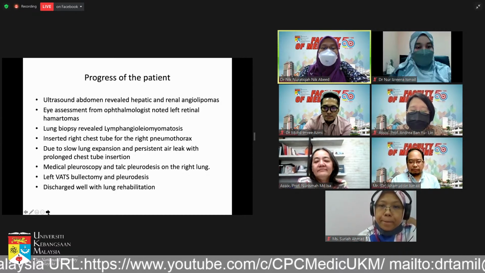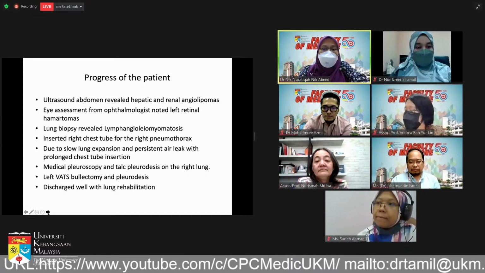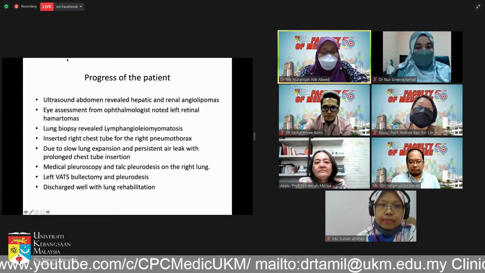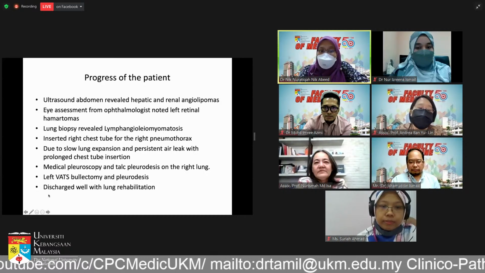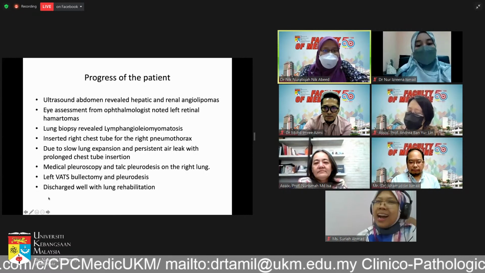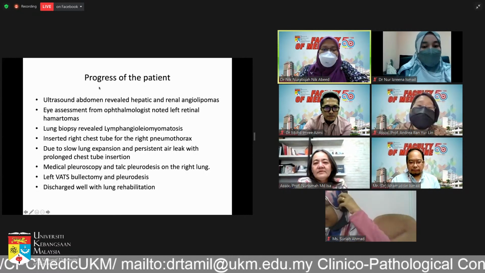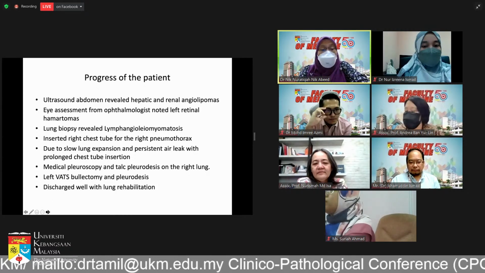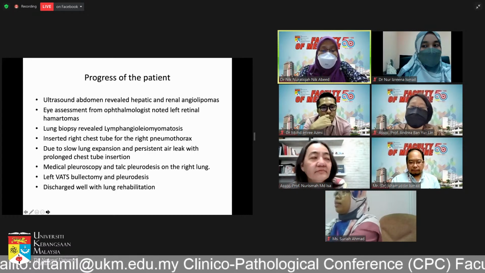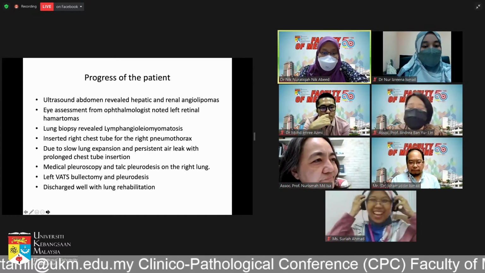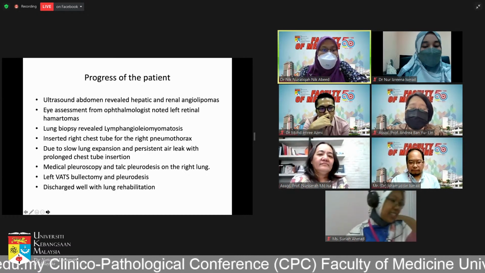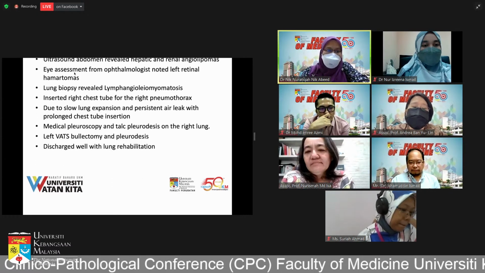However, this patient had a slow lung expansion and persistent air leak. Because of that, we did a medical thoracoscopy of the right lung, but it turned out to be failed. So we asked our cardiothoracic surgeon to help us in terms of surgical pleurodesis and also VATS splectomy. And patient was discharged well with lung rehabilitation.